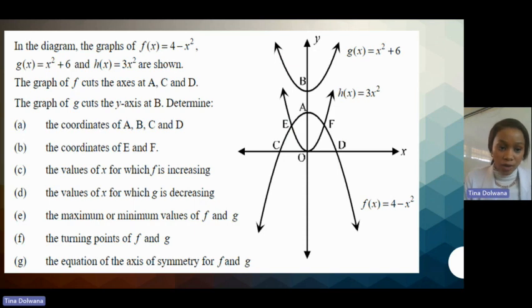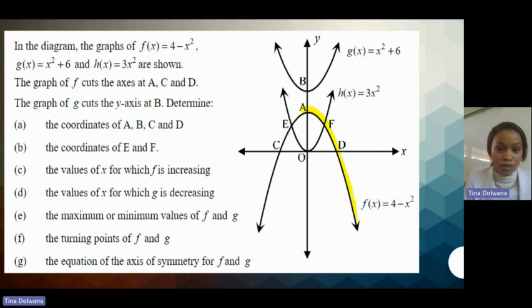It says in the diagram, the graph of F, graph of G, and graph of H are shown. And then they say the graph of F cuts the x-axis at A, C, and D. Right, so you want to take your highlighter and actually say, okay, where's graph of F?